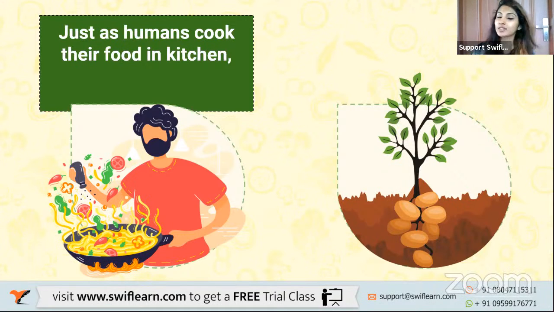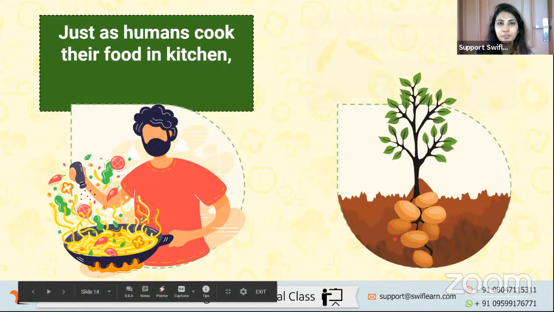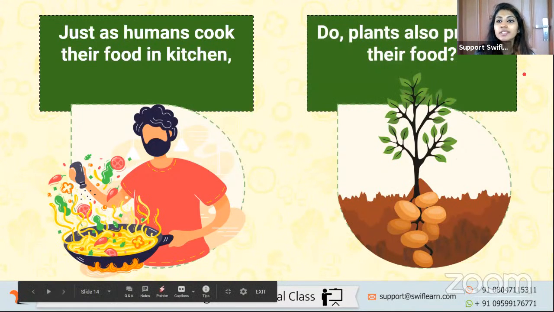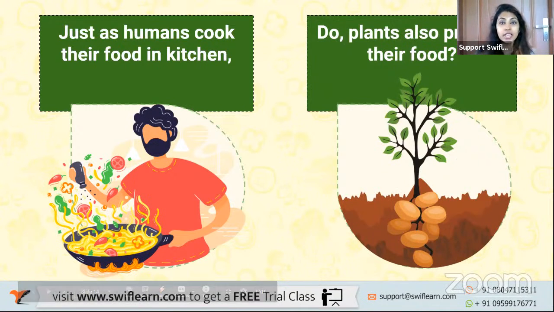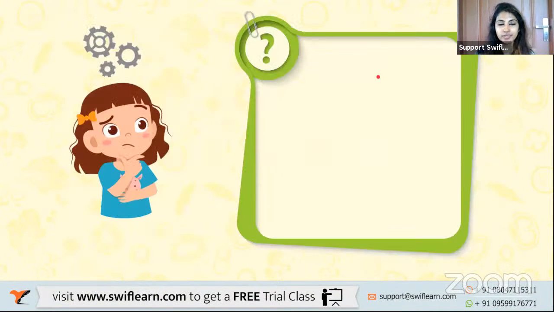Any process you can think of? So I'll just continue: plants cook food by a process named photosynthesis. Okay. So do these plants also prepare their food? Obviously, and that is photosynthesis.